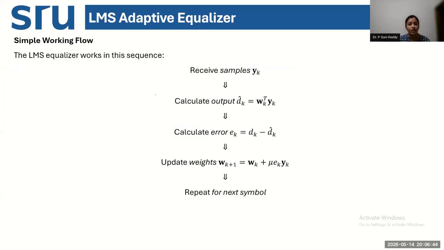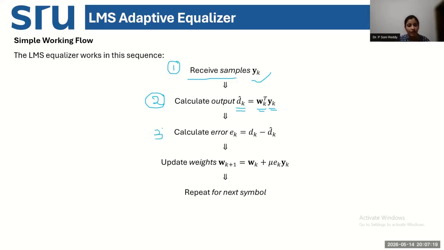So what are the basic working flow or steps involved in an LMS adaptive equalizer? The first step is you receive the symbols, that is yk, yk minus 1, yk minus 2, all the symbols are received at the receiver side. Now what is the equalizer doing at the receiver side? The equalizer will calculate the value of the weighting coefficient, multiply this with the received signal and generate the output of the receiver, which is called DK cap.